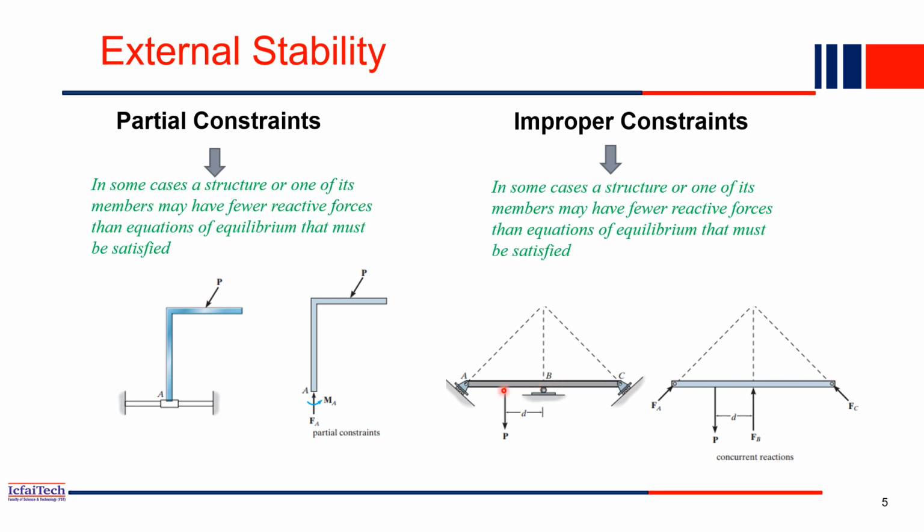Similarly, in improper constraint, if you see here, this beam and both the supports are inclined, and both are meeting at a certain point here. So in that case, this structure is not a stable structure because the constraints are improper.